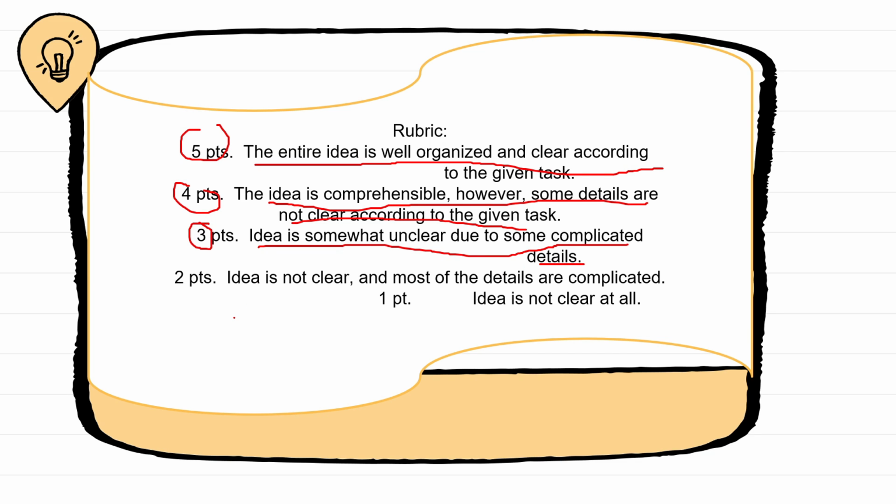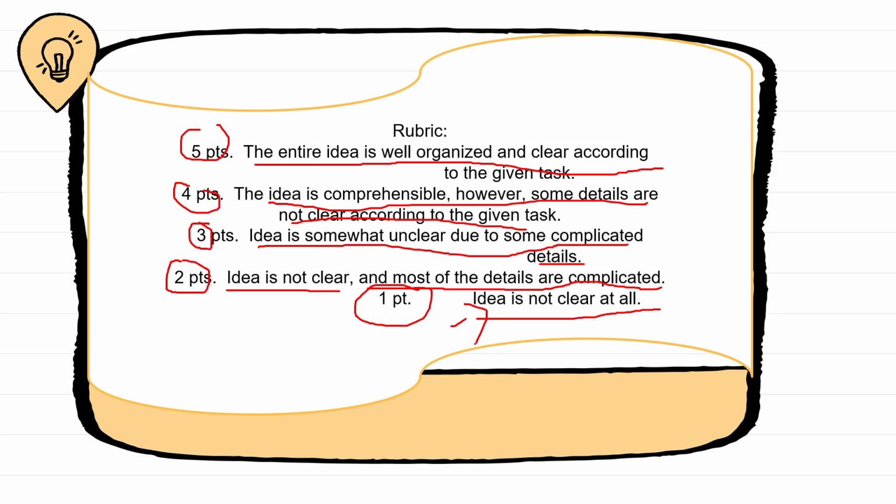Meanwhile, you will get 2 points if your ideas are not clear and most of the details you provided are complicated. So make sure that your ideas will be expressed thoroughly. And of course, you'll get 1 point if the idea is not clear at all. So always get 5 points.